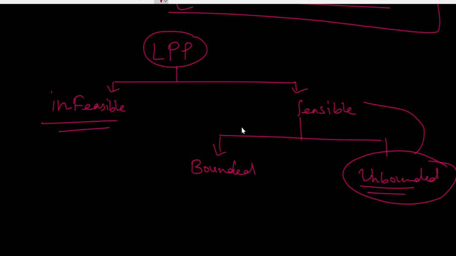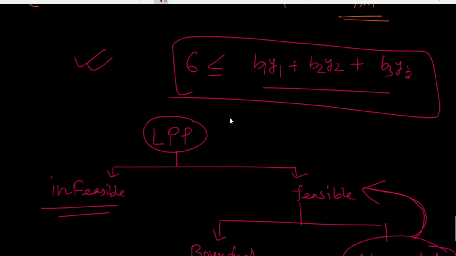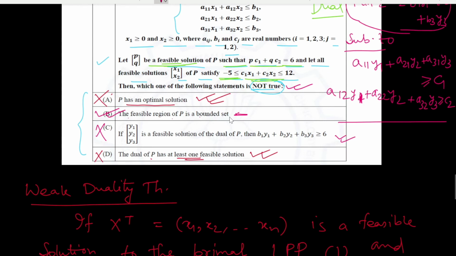In the case of feasible solutions, there are two types, bounded and unbounded. So in the case of an unbounded solution, the LPP may have a feasible solution. So this is true. Therefore option B says it is always a bounded set. This is not true. Even in the unbounded case, an LPP can have a feasible solution or feasible region. So this is the correct option.